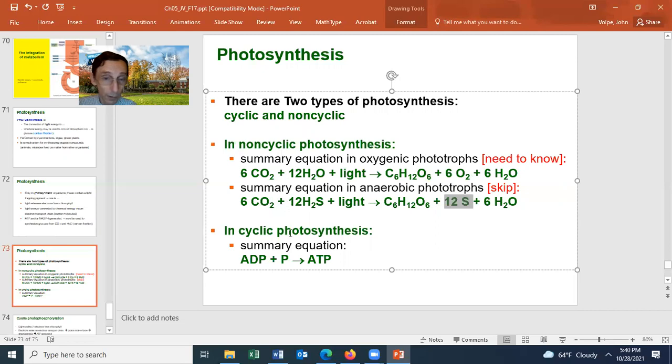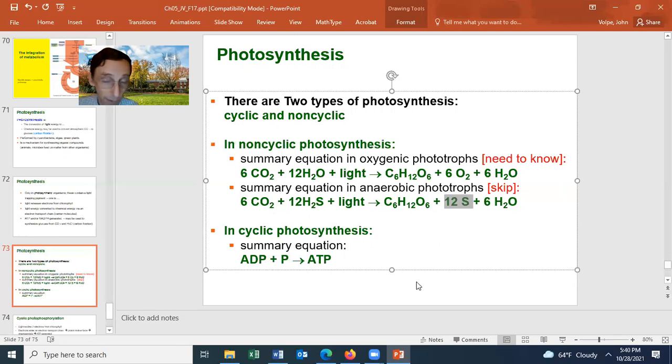What most of you don't know is there's another photosynthetic reaction. In this photosynthetic reaction, all that happens is ATP gets made. So ADP and phosphate in the presence of light generates ATP. Any question about that?